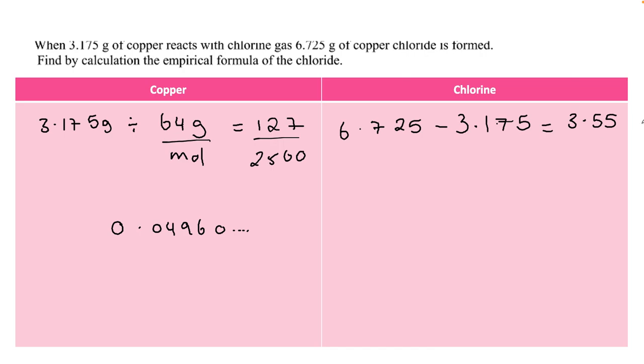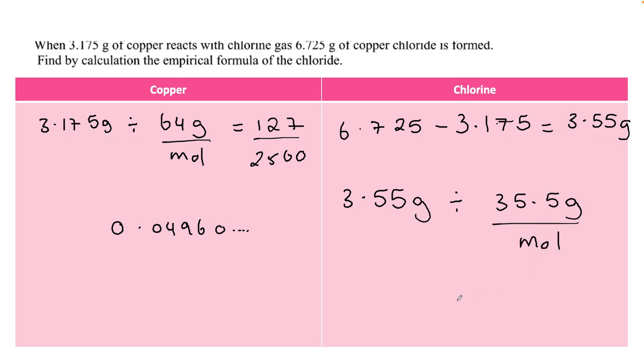And what I would like to know now is how many moles of chlorine there are. So I'm going to have 3.55 grams divided by the molar mass of my chlorine, which is going to be 35.5 grams per mole. And if I do that, so 3.55 divided by 35.5, I get 0.1.